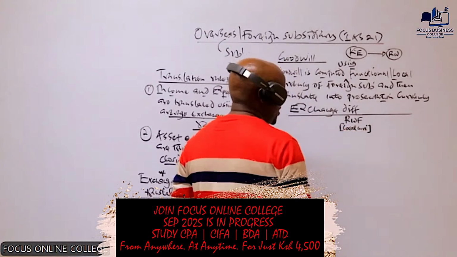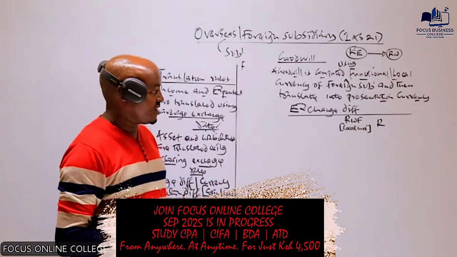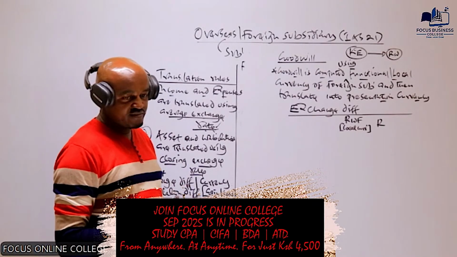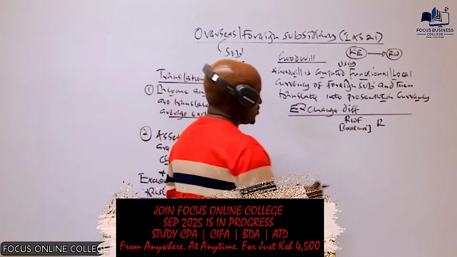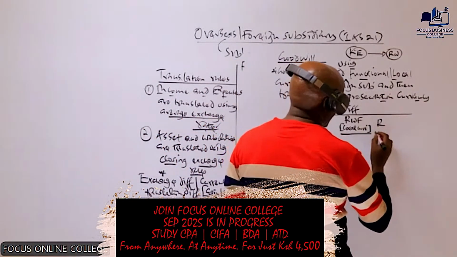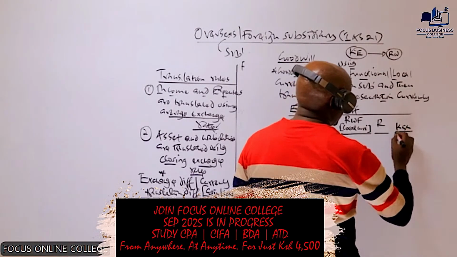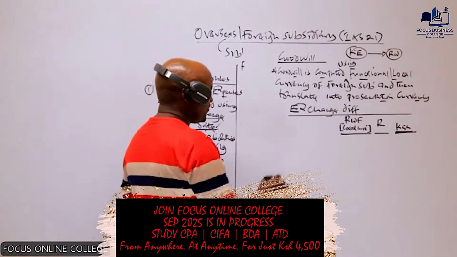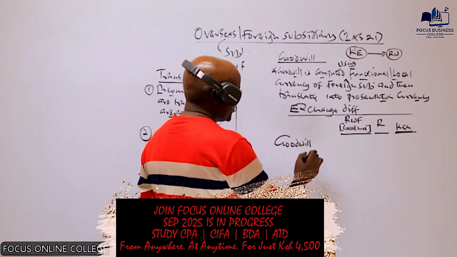We have a column for the rate of exchange. You'll be given the exchange rate between Kenyan shillings and the Rwandan franc. Then here we translate that into presentation currency, which is the Kenyan shilling. Here we always start with the goodwill on acquisition.